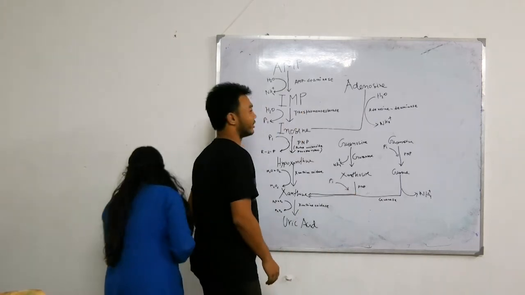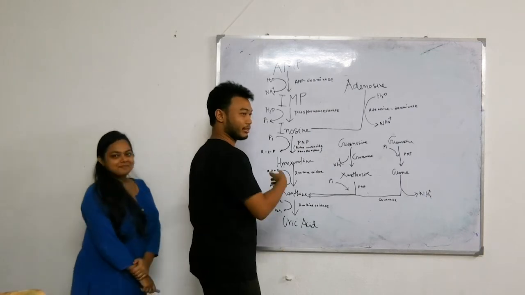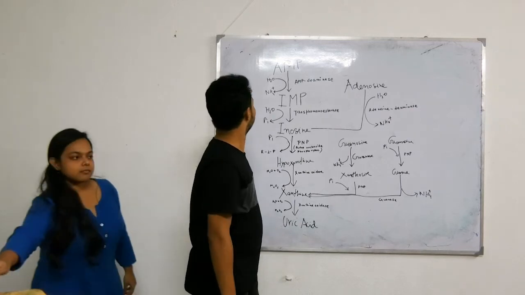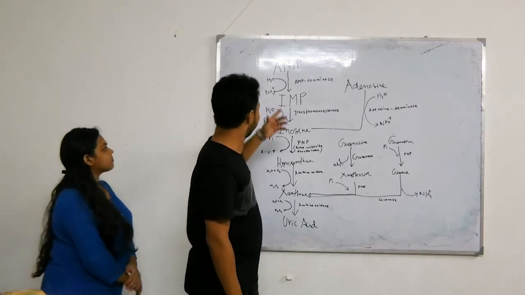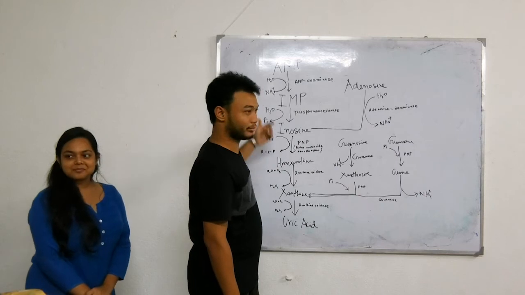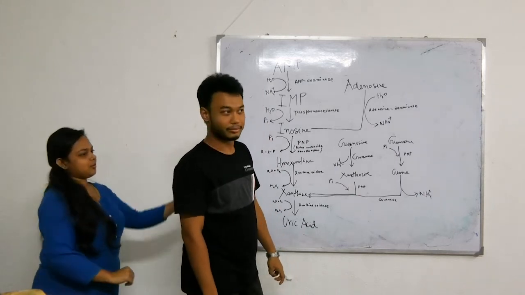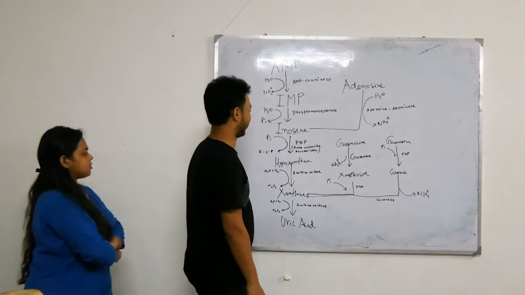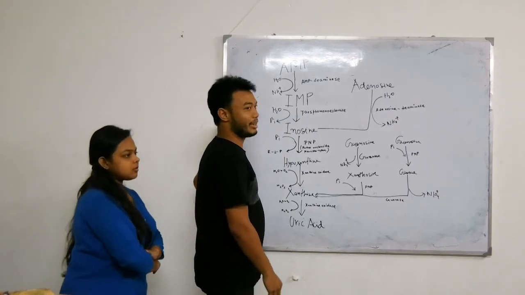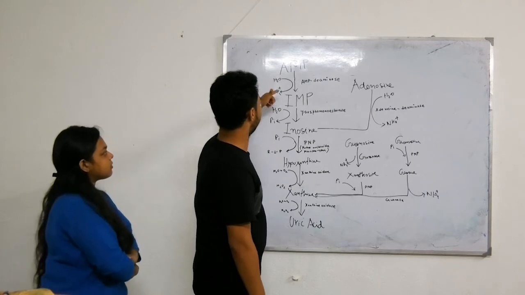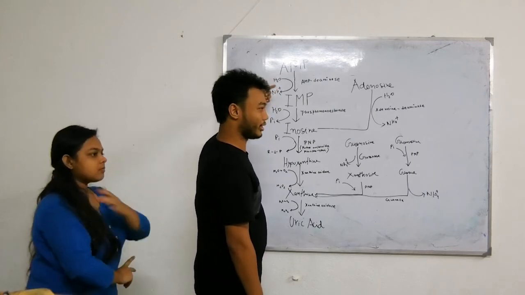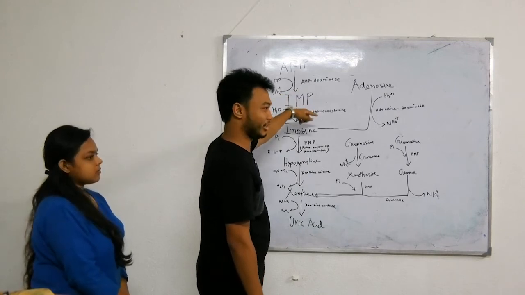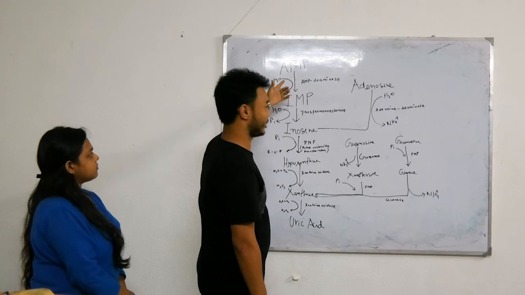AMP is converted into IMP by AMP deaminase, which is a deamination reaction, that's why NH3 is coming out.